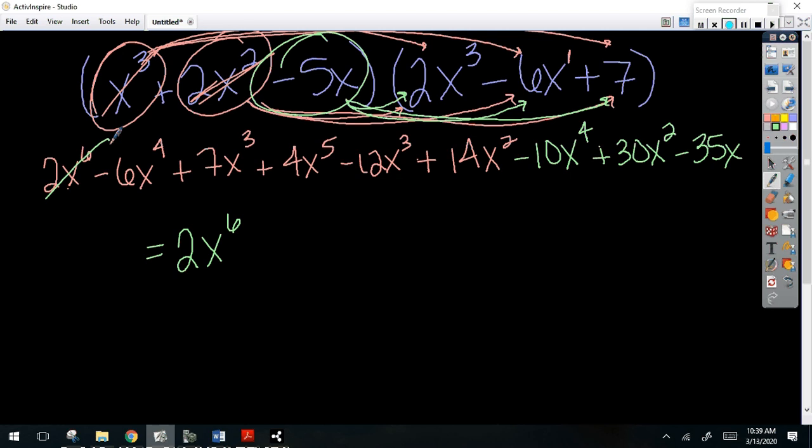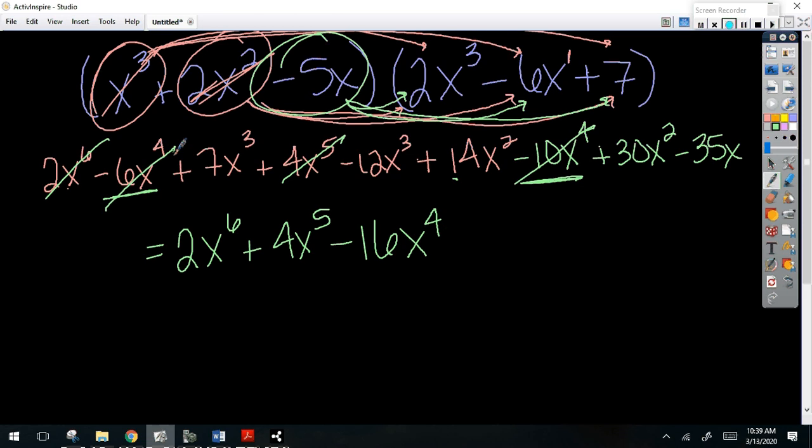2x to the 6th. Now, any powers of 5? Yes. How about powers of 4? I have negative 6, negative 10. Is that it? Yeah. So negative 16x to the 4th.